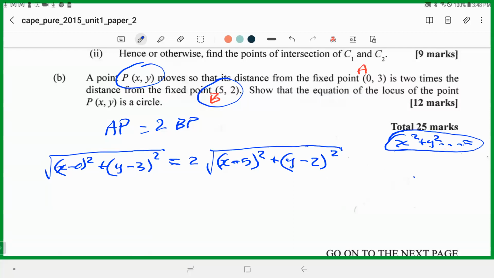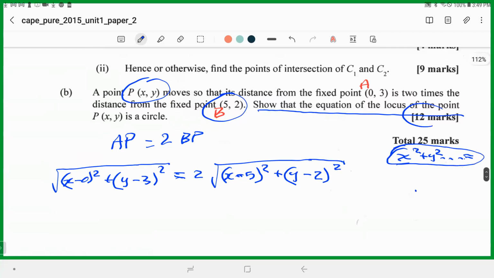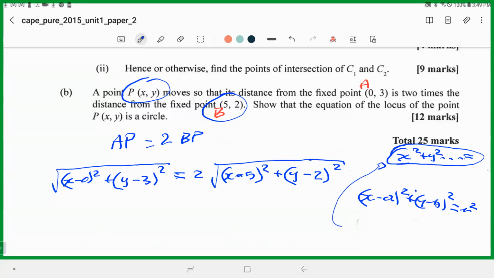Remember my student who placed in the Caribbean that year. He did too much work on this question. He still got it right, but it was for 12 marks, and he did too much work on it. Instead of just leaving it like this, he carried it down to x minus a squared plus y minus b squared equals r squared. He spent a lot of time doing it when all he had to do was leave it in the general form, because the equation of a circle in the standard form is this, but in the general form is that.